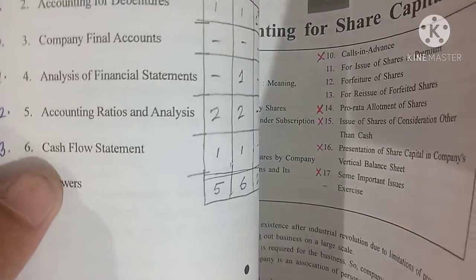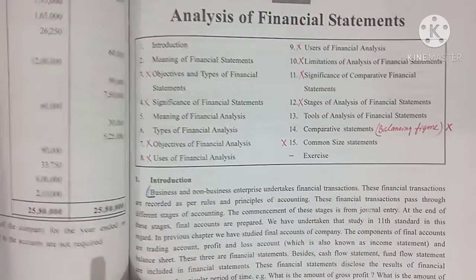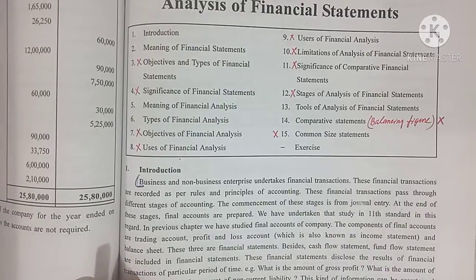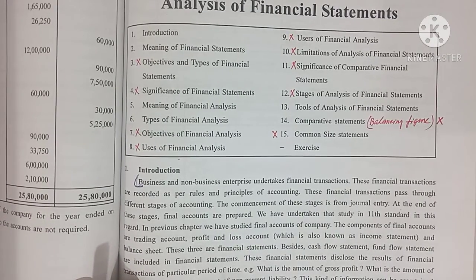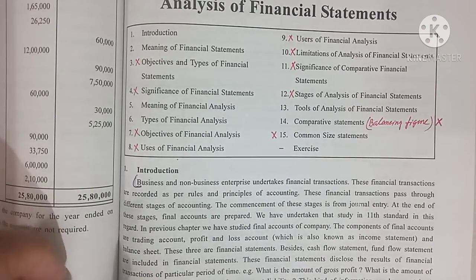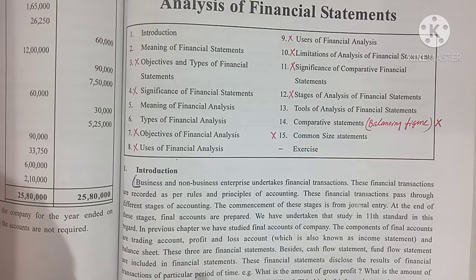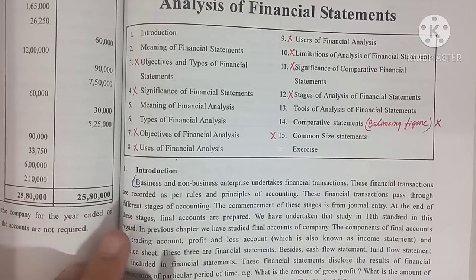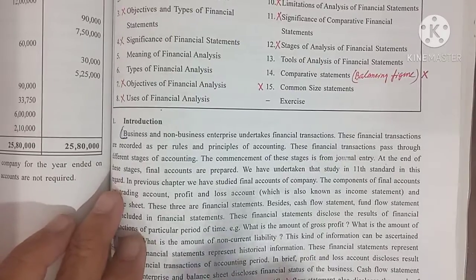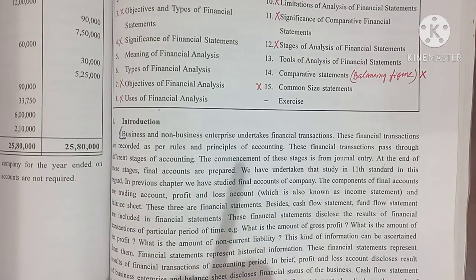What is a cash flow statement or fund flow statement? In this statement, how much cash is coming in or going out is discussed. I want you to read these things, and from there you can get some idea about the analysis of financial statement.